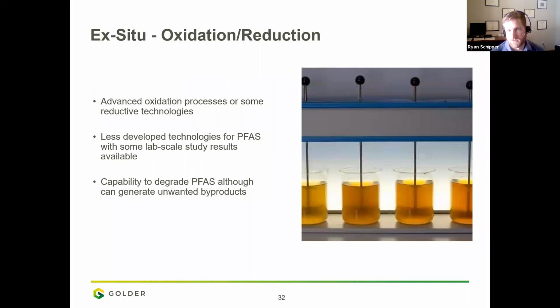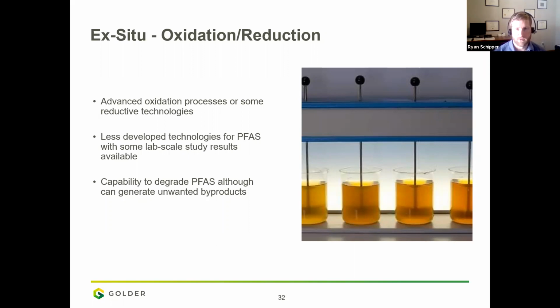Another is oxidation and reduction processes, which can be done ex situ. This is again partially developed, and there's a lot more research needed. The significant benefit here is that you can provide actual destruction of the terminal PFAS, and so you're not just transferring it from one media to another.